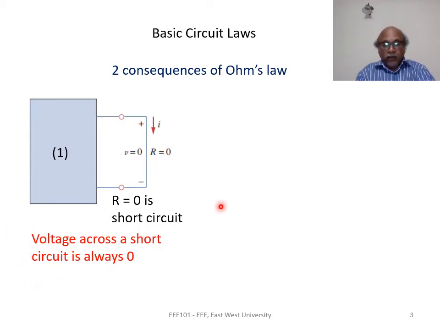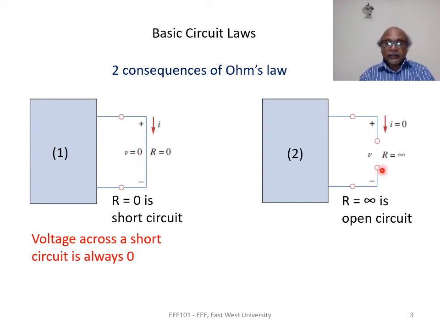The next consequence: we do not connect anything between the 2 nodes. If we do not connect anything, that is an infinite resistance. An infinite resistance is called an open circuit. If V is equal to Ri, then the current is voltage divided by resistance.